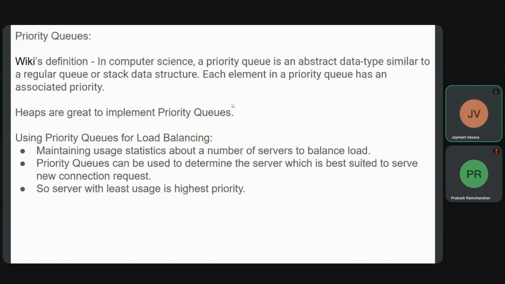So maintaining the usage statistics about a number of servers to balance load. This is something that we discussed at the start of the presentation about load balancing and using the servers: how to determine which server is best suited to serve the new connection request. And the server with the least usage is the highest priority.